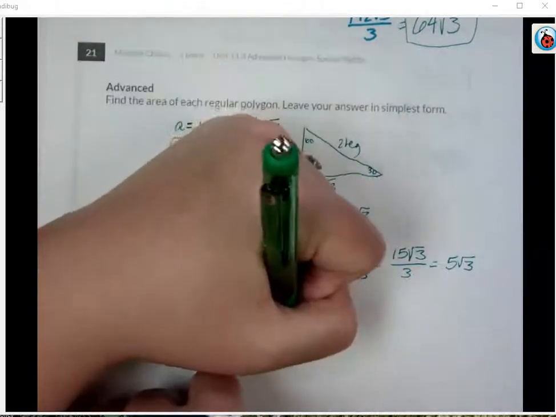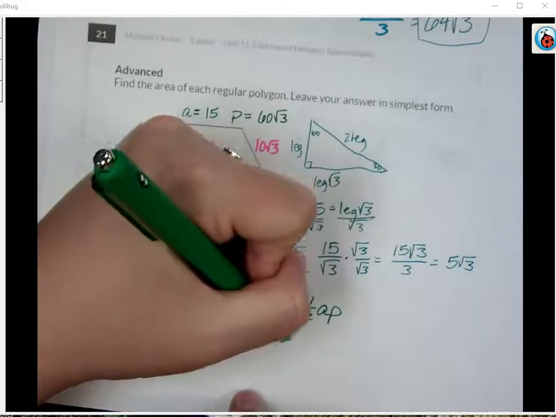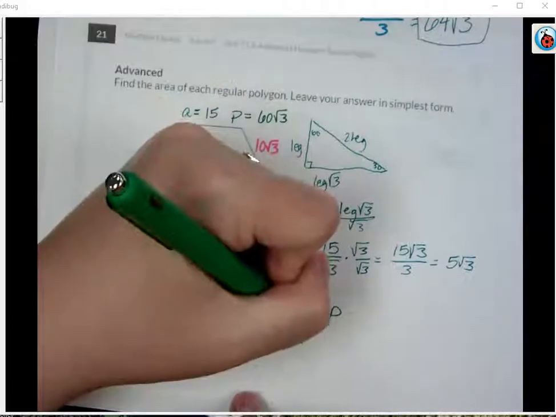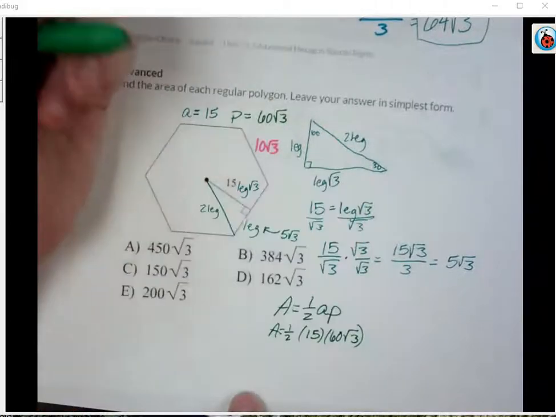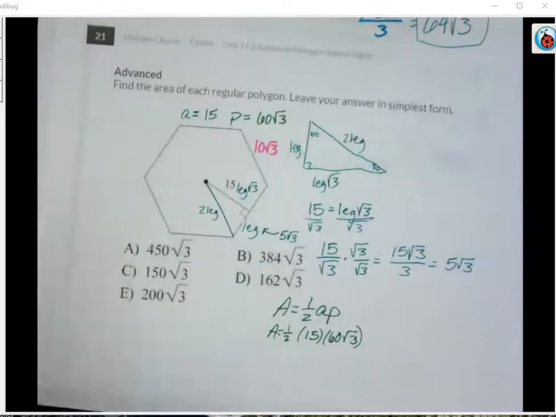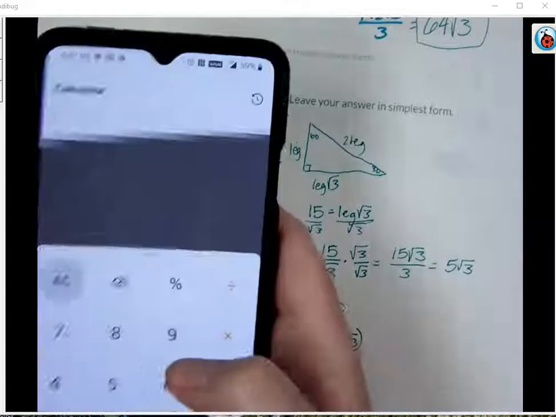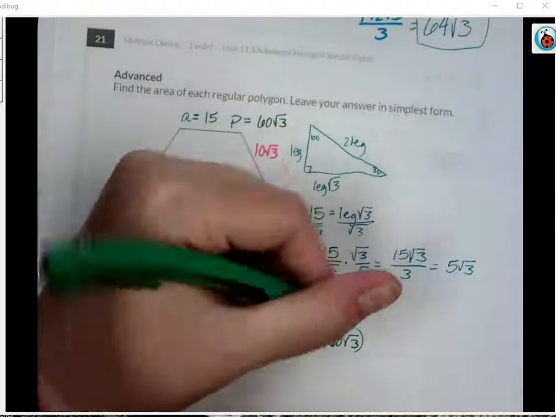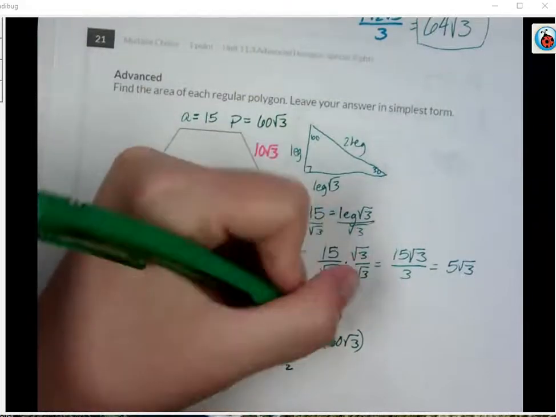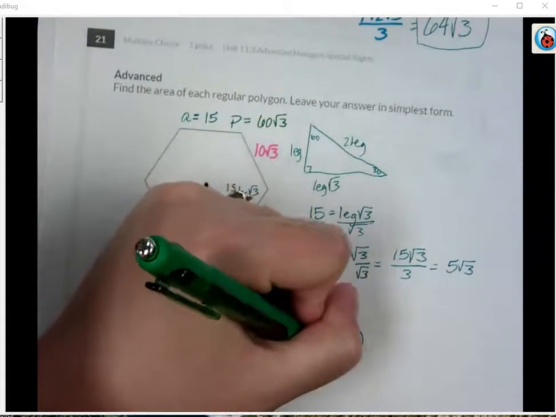So we're going to plug those things in. 1/2 times 15 times 60 root 3. So we're going to take 15 and 60, multiply them together. Get 1/2 times 900 root 3.